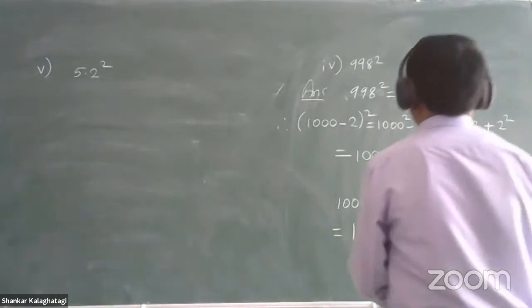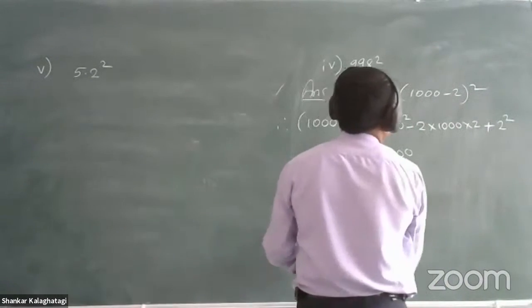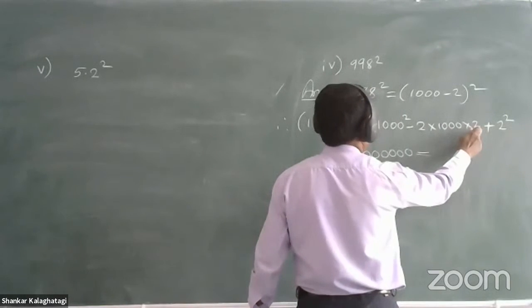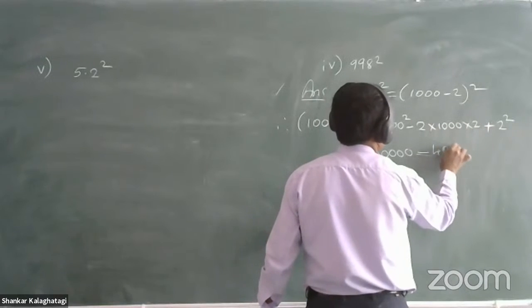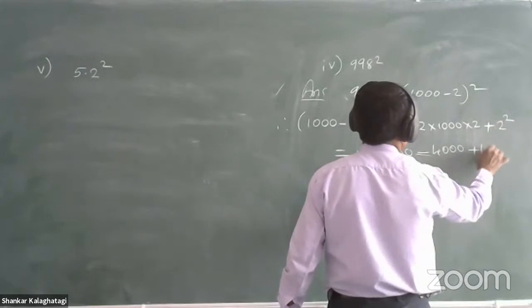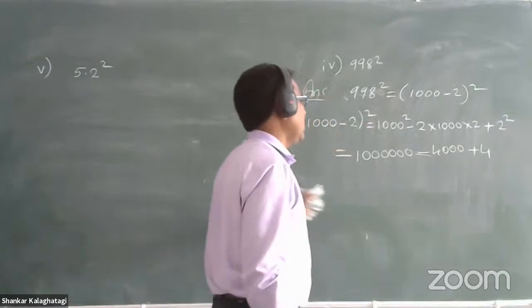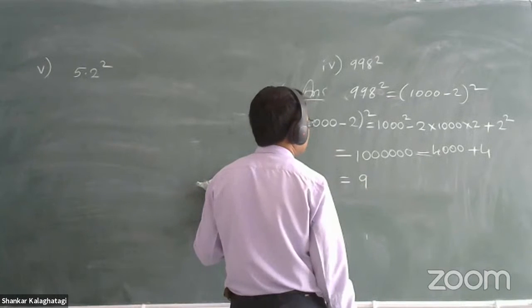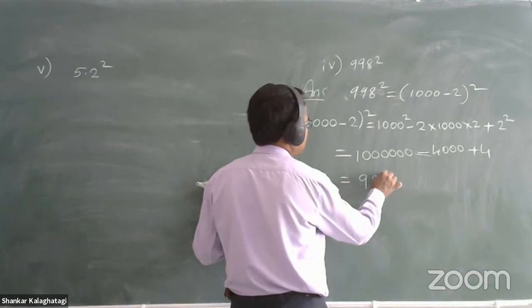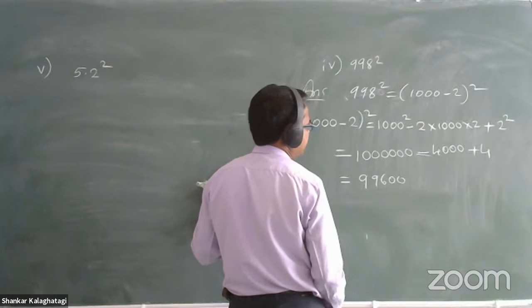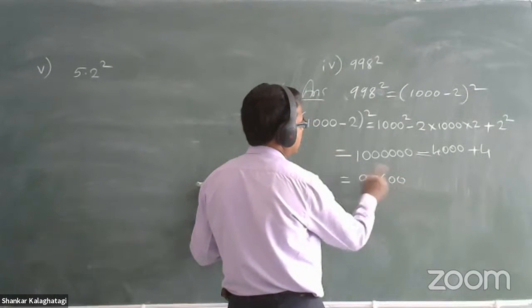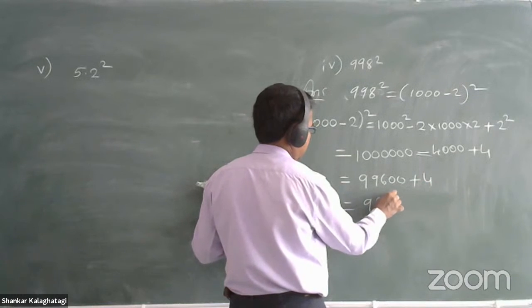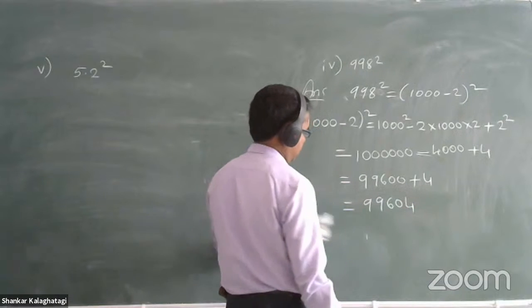Minus 2 times 1000 into 2, 4,000, plus 2 square is 4. 10 lakh minus 4,000 is 9 lakh 96,000, plus 4, 9,96,004.